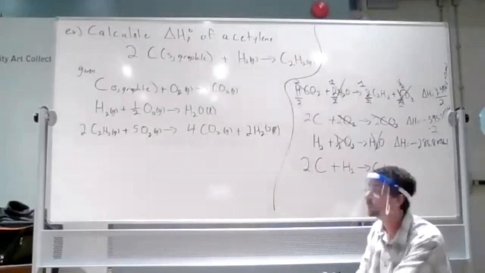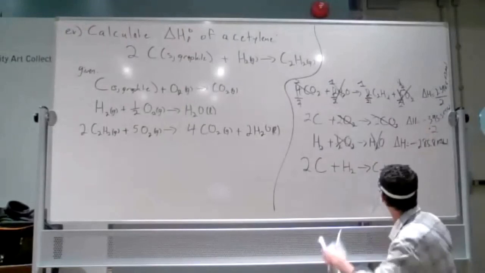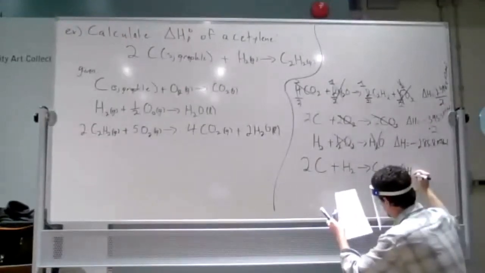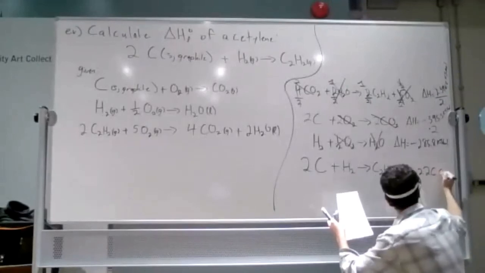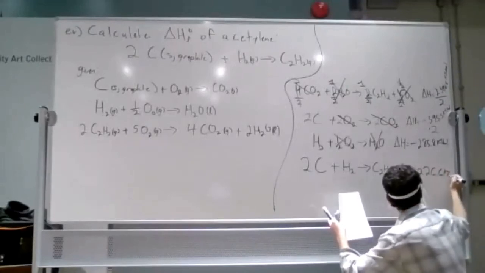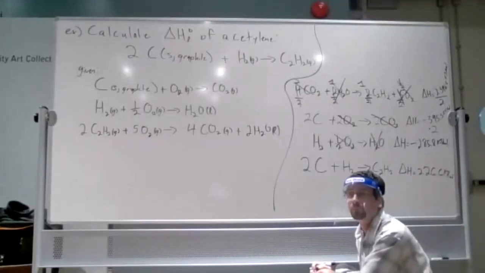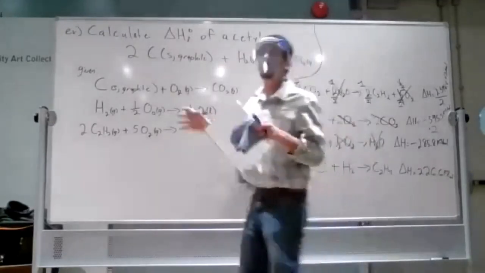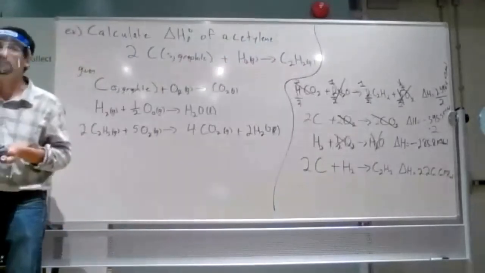Yeah, add up these values and keep in mind where you're dividing, where you're multiplying. If you do that, delta H of this reaction should be 226.6 kilojoules per mole. Okay? It is really not that hard. It's just manipulating equations around. It's a puzzle. It's nothing more than a puzzle.